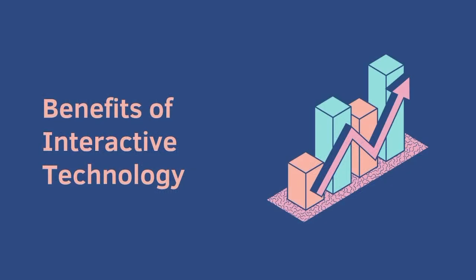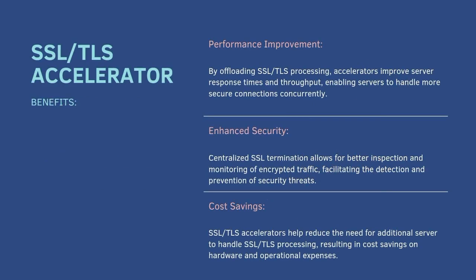So, what are the benefits of using SSL or TLS? Number 1, performance improvement. By offloading SSL or TLS processing, the accelerator improves server response time and throughput, enabling a server to handle more secure connections concurrently. And number 2, enhanced security.